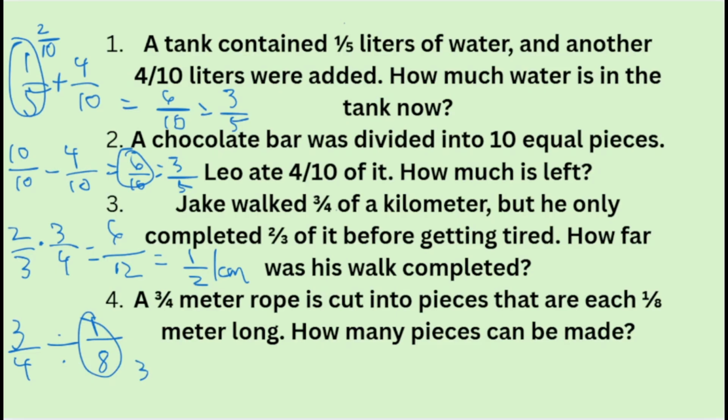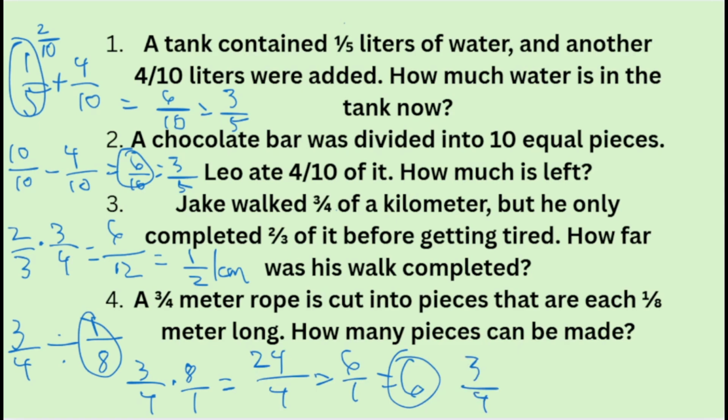So it's 3/4 times 8/1, and then we get 24/4. We get 6/1, which is just equal to 6 simplified. So from this 3/4 meter rope, he can make 6 pieces of rope. Okay?